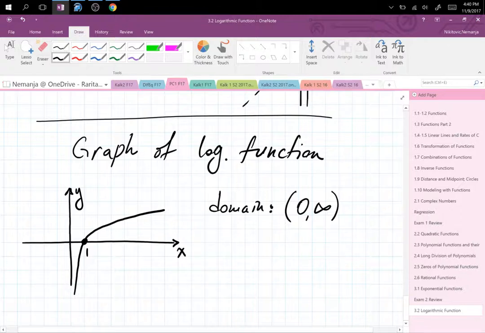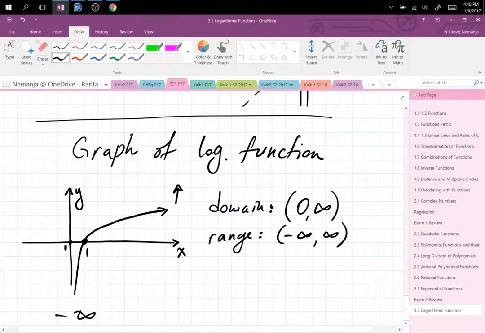Good. 0 is not included because it is not going to touch the y-axis ever. And that's where x is equal to 0, right? So, all right, how about range? Beautiful. Negative infinity to infinity, you see that on y values starts all the way at negative infinity, and this part of the graph will always go up. So it's going to positive infinity. Great.